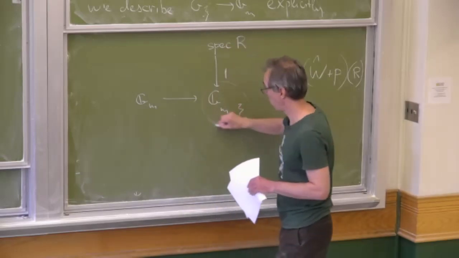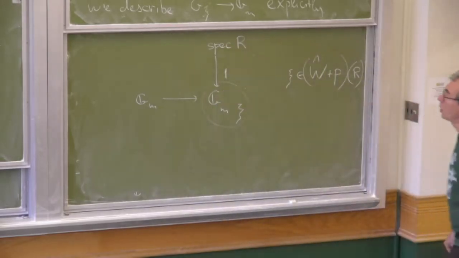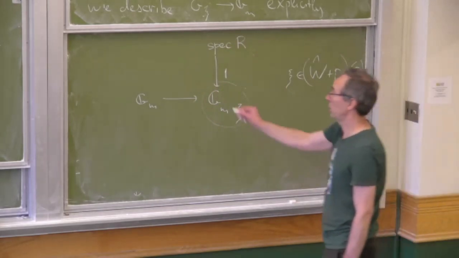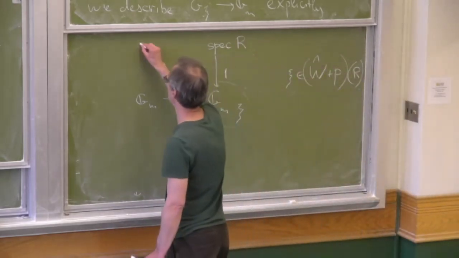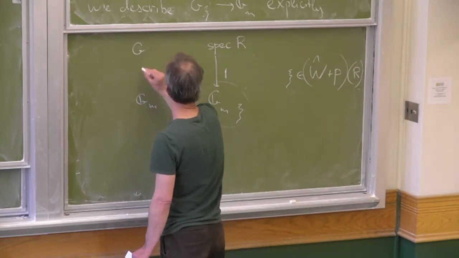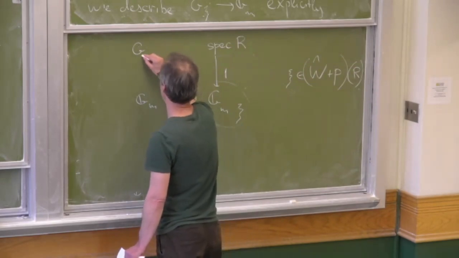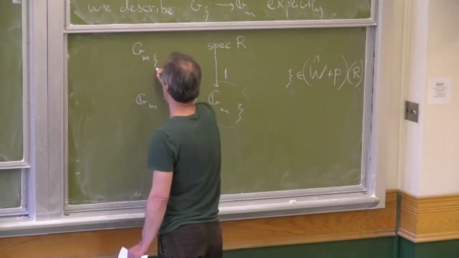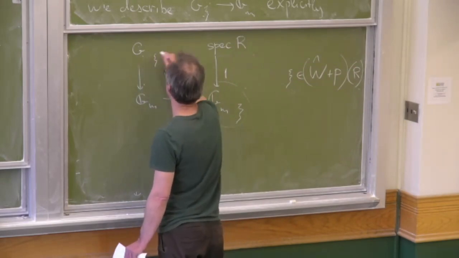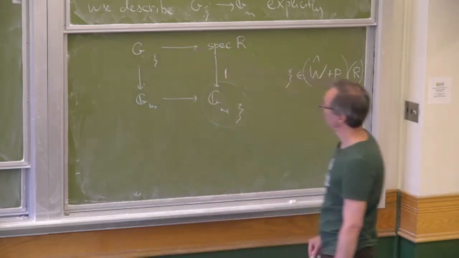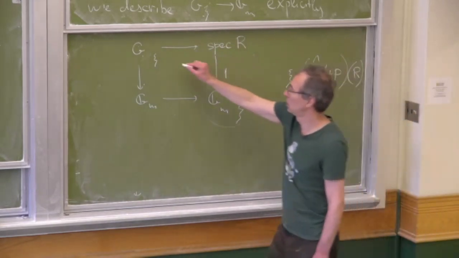This is a group, so in particular it has a natural structure. What I want to do is describe the fiber. So this is G_m, sorry, G. That's my goal.